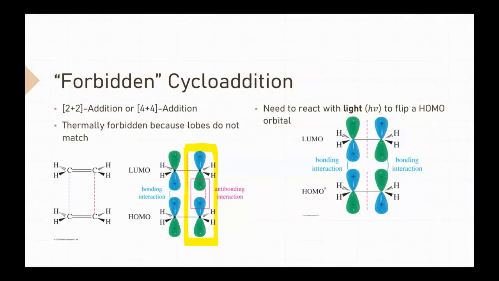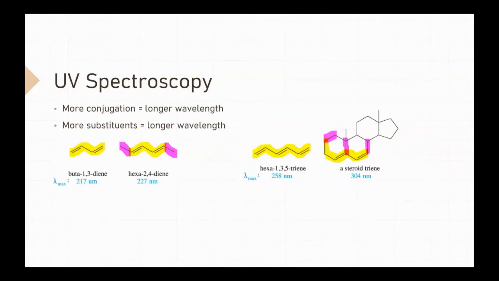So the only way to make them match up is you need to react it with light. This will flip the HOMO orbital, and it'll basically make them actually match up. And then you would have that bonding reaction. Okay.